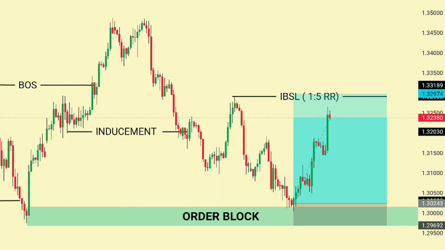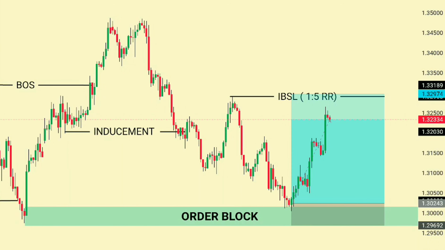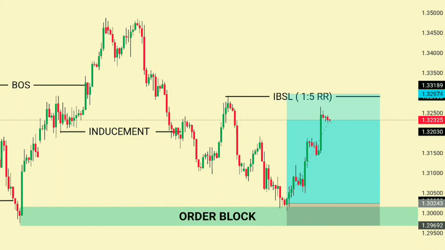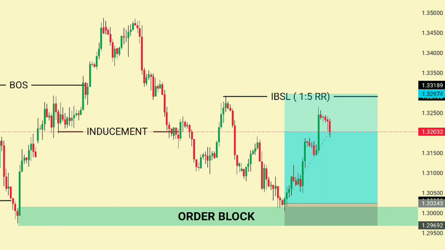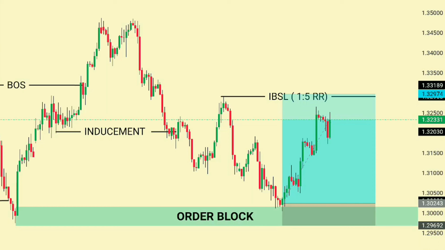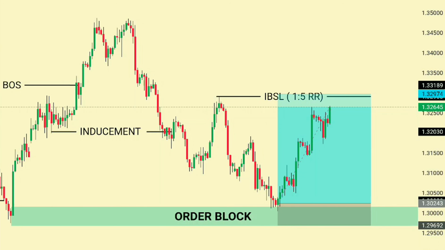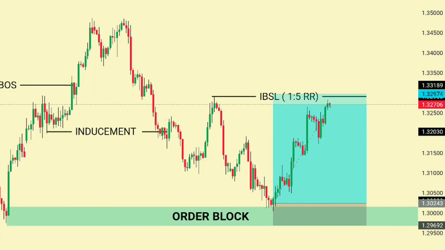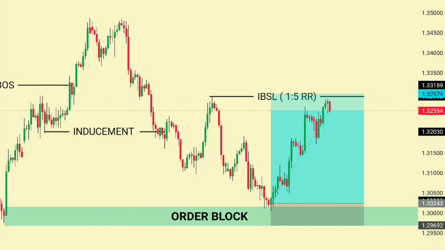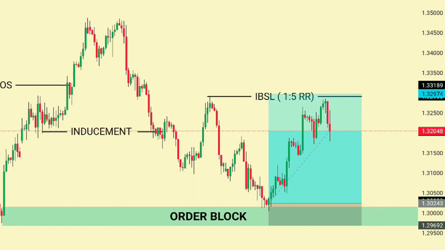Another common mistake is entering a trade without waiting for confirmation. Traders often see an order block and enter immediately as soon as price touches the zone. The problem is that not every order block will hold. Waiting for confirmation can help you avoid unnecessary losses and improve the overall quality of your entries.